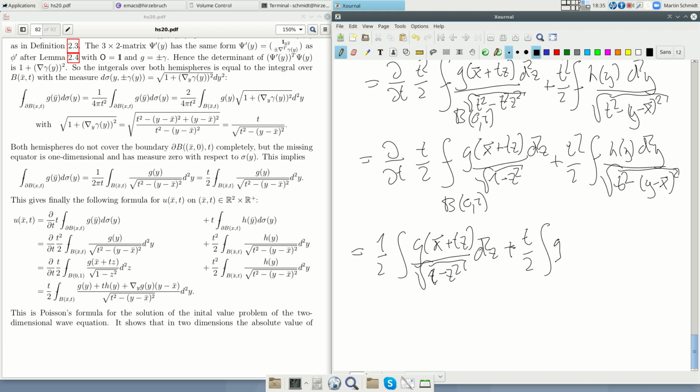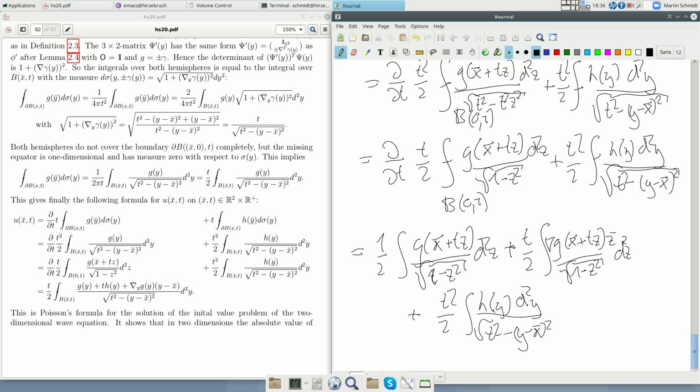And then we get g of x bar plus tz times z gradient. And of course, this stays as it is, it doesn't depend on t. Yeah, this is nice. D square z, and plus, of course, the term with the h, square root of t square minus y minus x bar square.